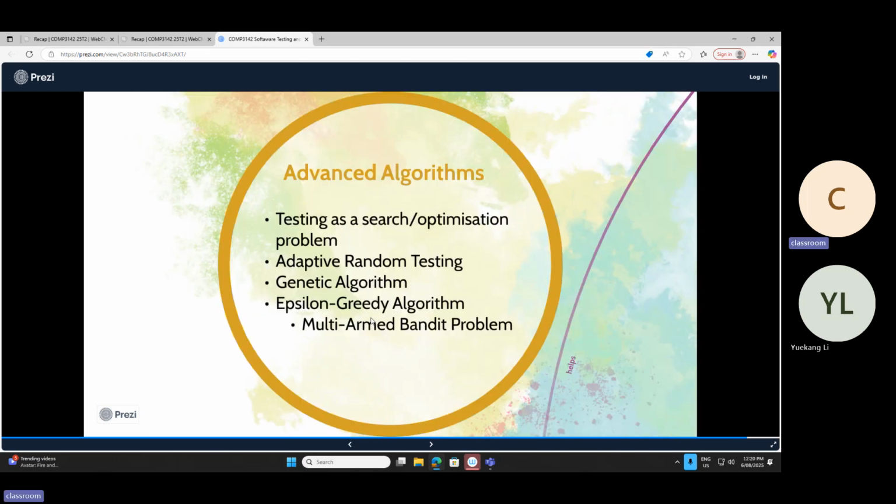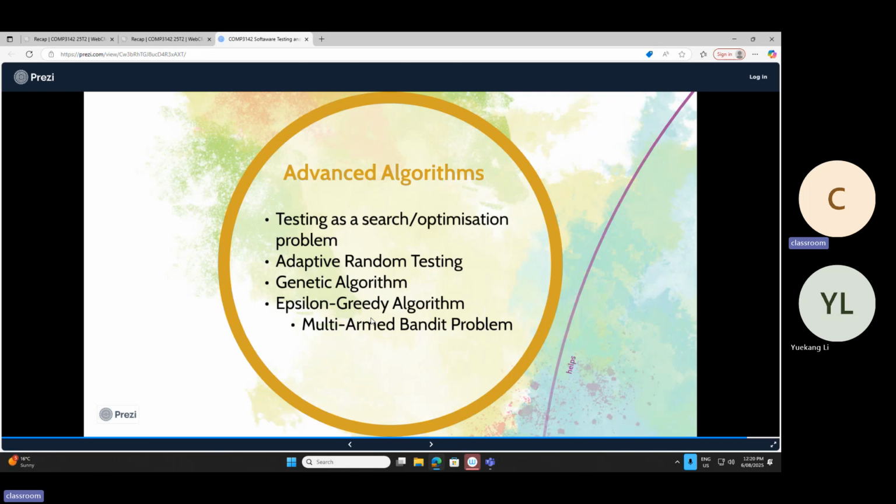And talking about algorithms, we learned some advanced algorithms near the last week actually. We learned some advanced algorithms that could be used for testing and some other related problems.